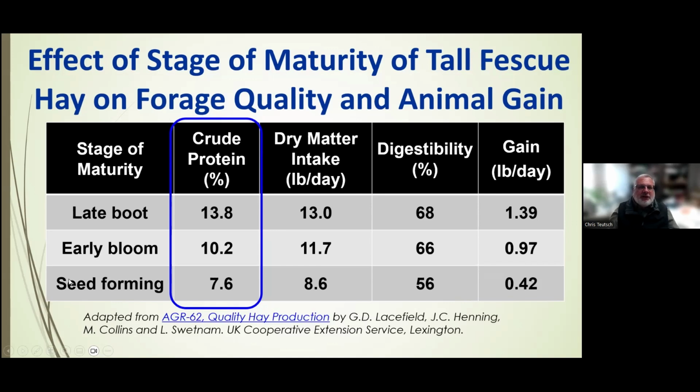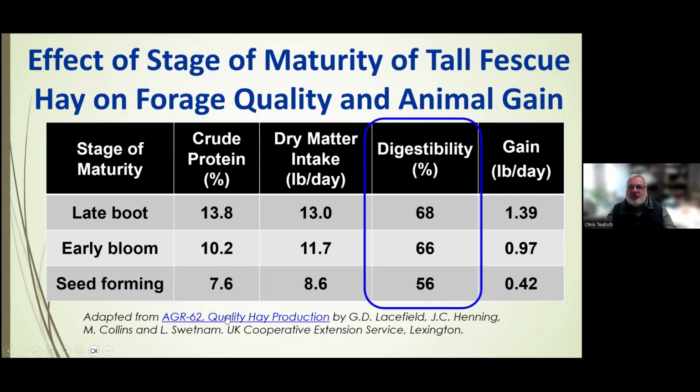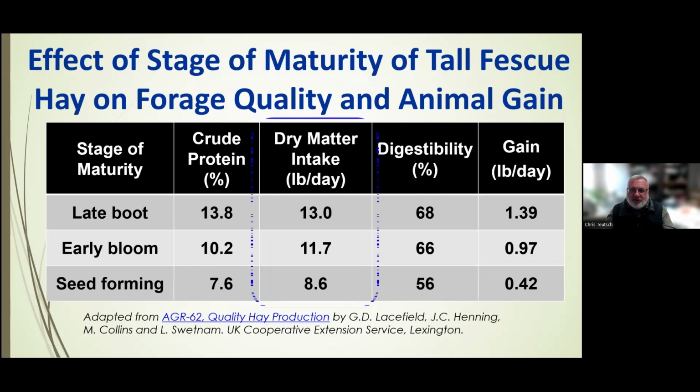By the time seed is actively forming, we're down to around 7.5% crude protein. If we look at digestibility of that fiber in the rumen of the animal, at late boot stage, 68% digestible and 56% when seed's forming, so a significant decrease in digestibility.